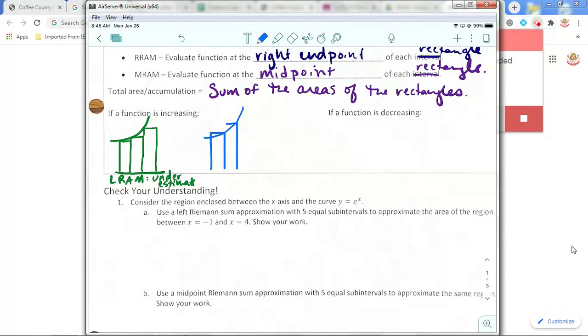So you really only have to draw a couple before you can see that the rectangles cover more area than the curve does. So if the function is increasing, a right rectangular area method is going to be an overestimate.